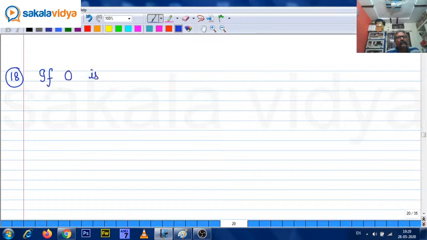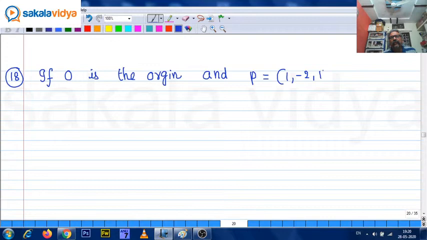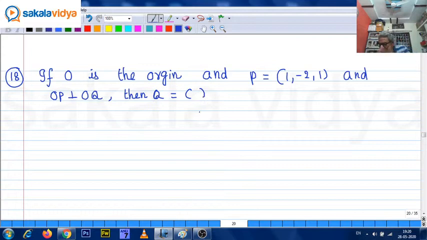If O is the origin and P equals 1 comma minus 2 comma 1, and OP perpendicular to OQ, then Q coordinates are equal to?